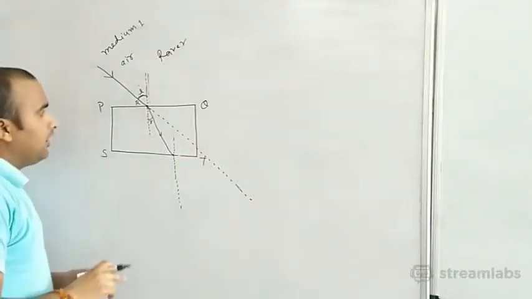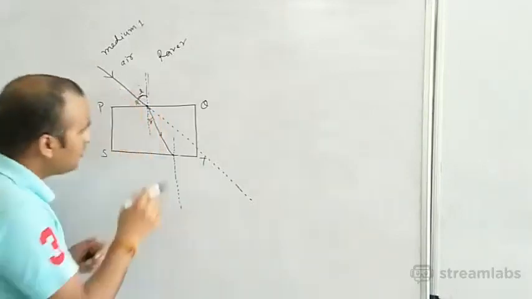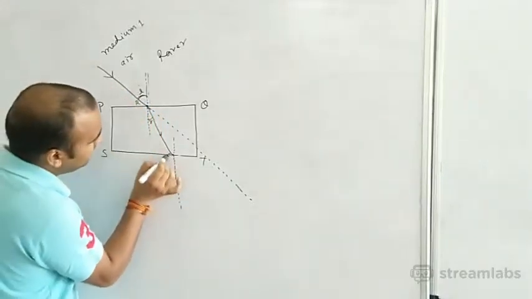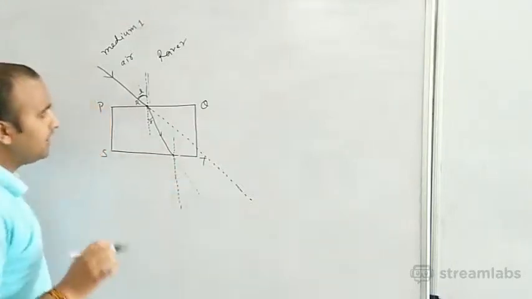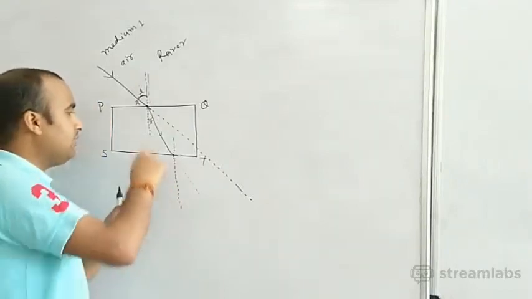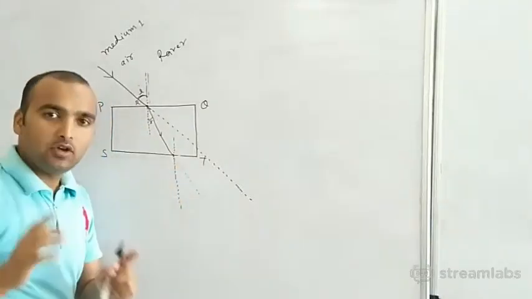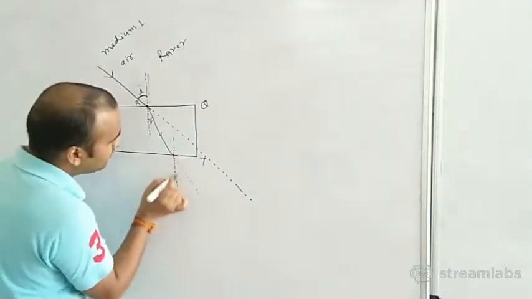You know very well the light always travels in a straight line, so according to this property, the original path of this light is like this. But the light is coming from denser to rarer, so it bends away from the normal.